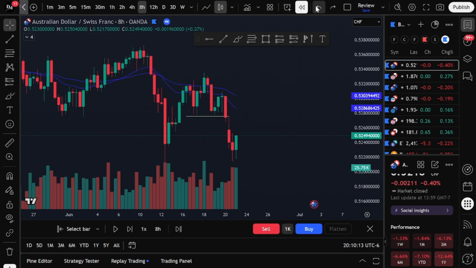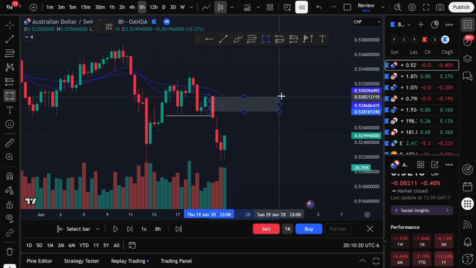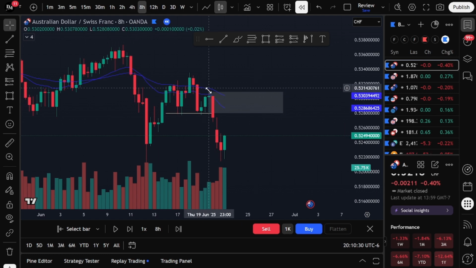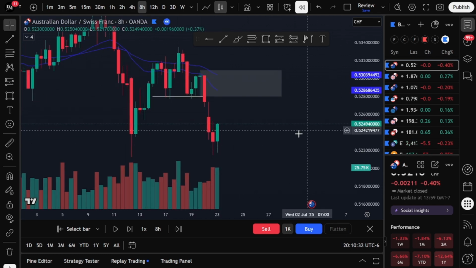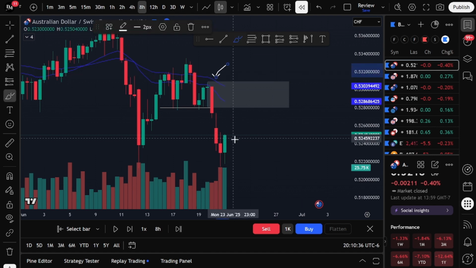So not only do we got the neckline here of the head and shoulders, we also got our 8-hour order block. It's the green candle before an explosive move down. So this up candle right here before this explosive move down.